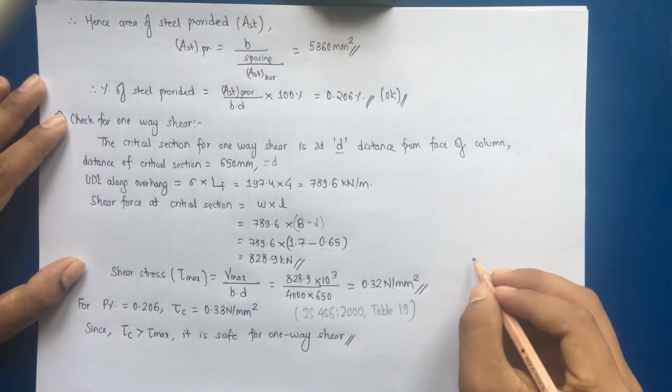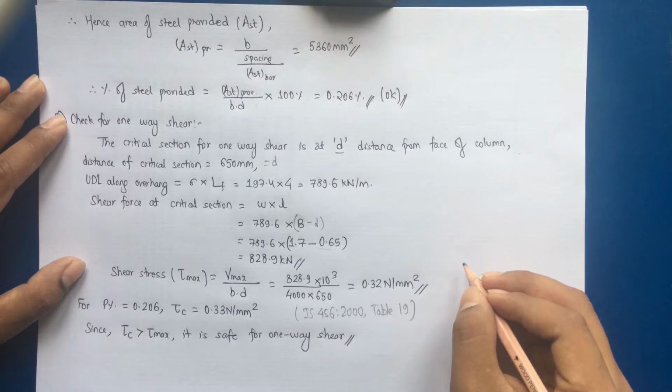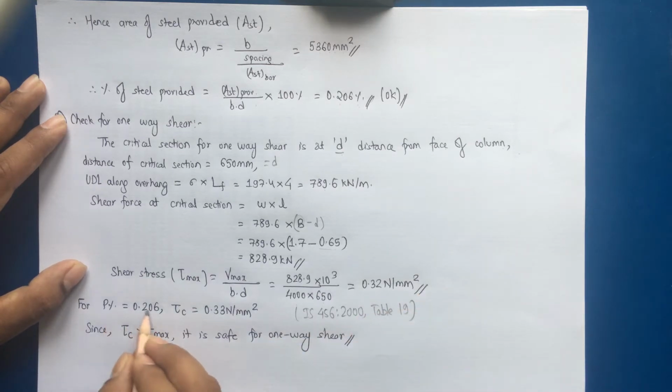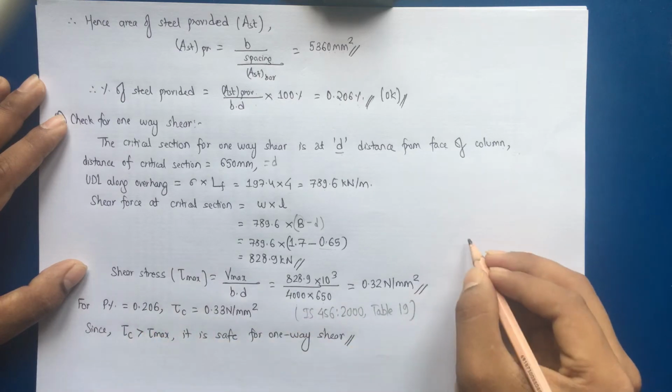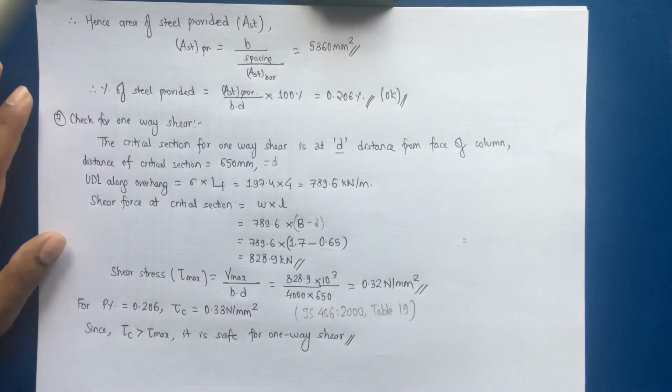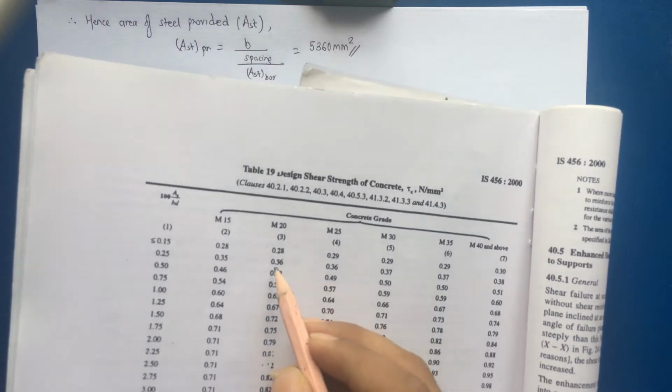So if we see here, we have to find it for the percentage 0.206. I hope you can understand linear interpolation.